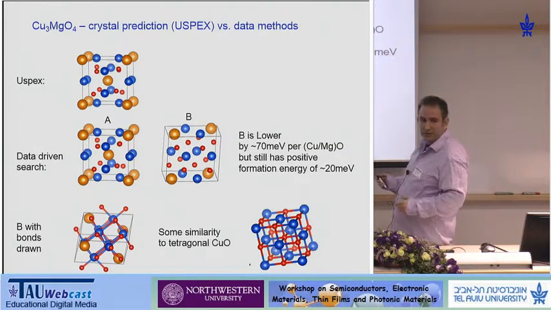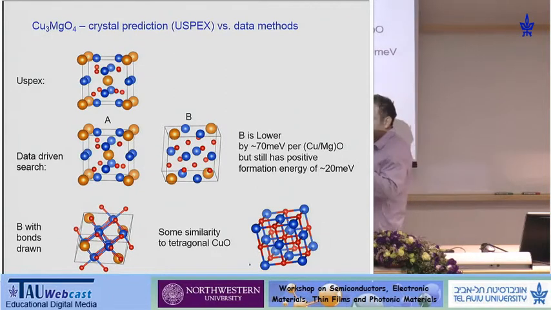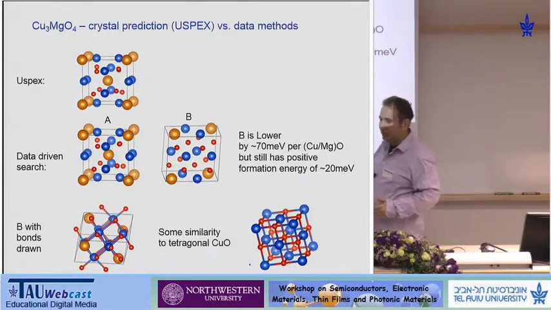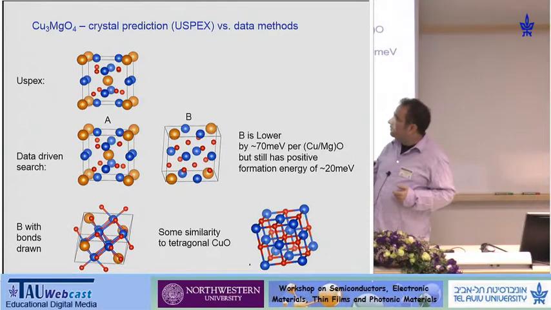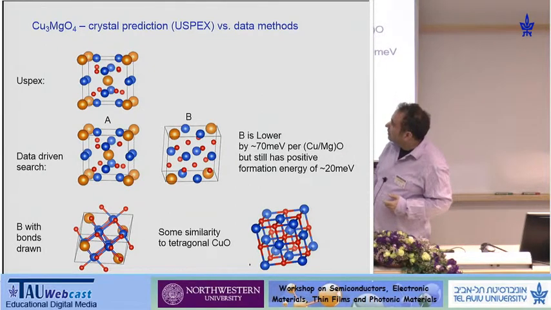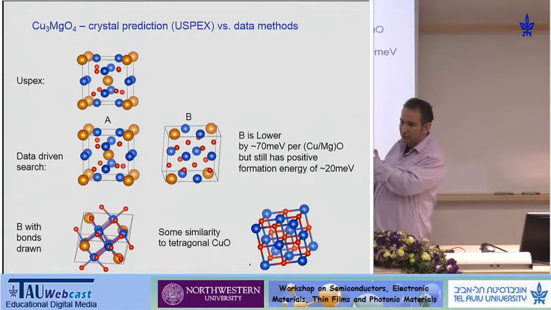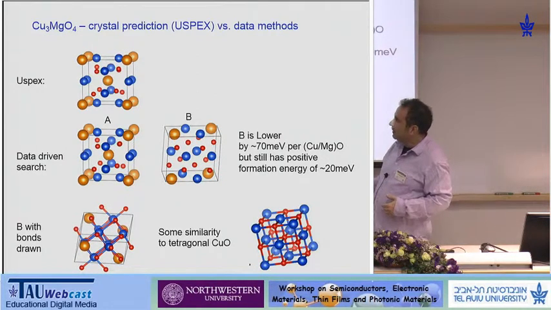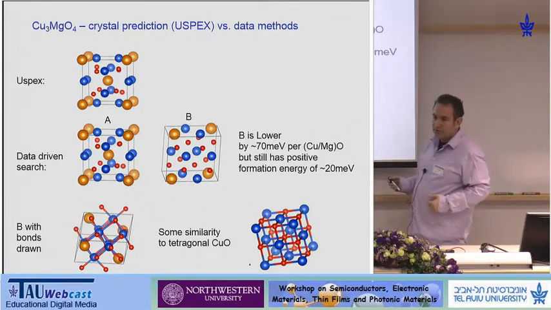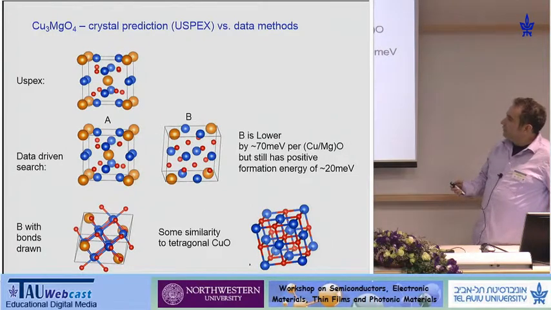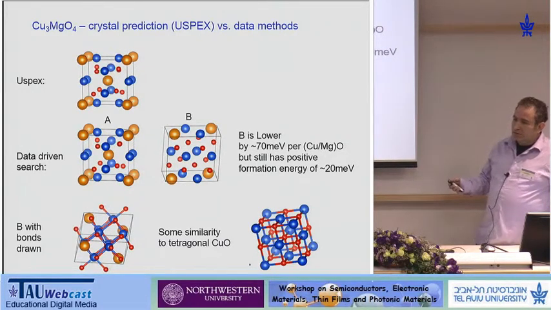Obviously, this mixing of copper and magnesium is not the best system to check, and it's not saying that USPEX is bad. Actually, I think evolutionary algorithms can find it, but maybe I did not run it in the best way. This run, however, was much faster because I simply used enough prototypes, and it was really fast.